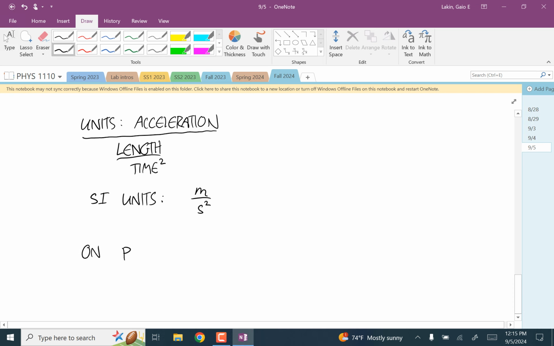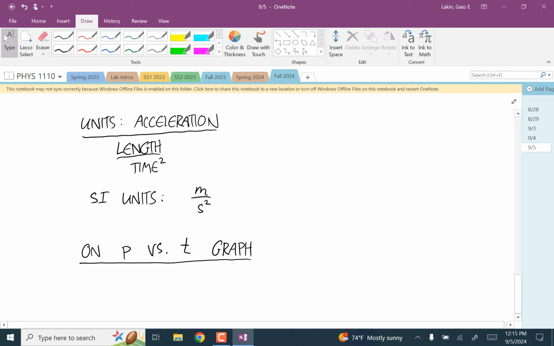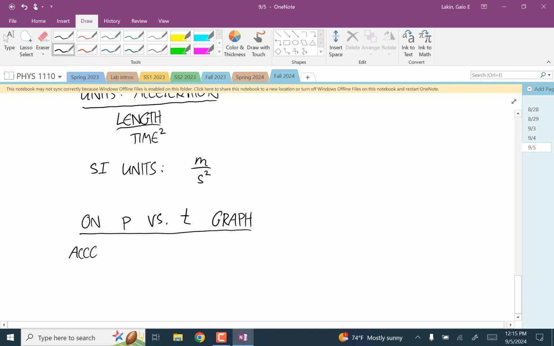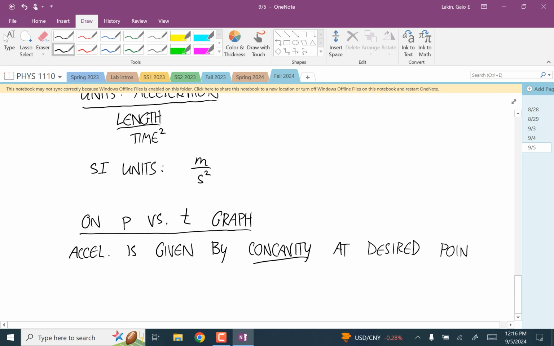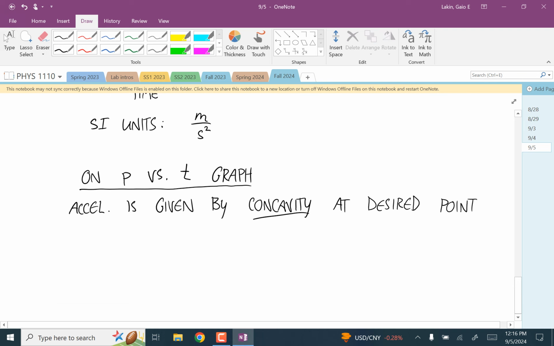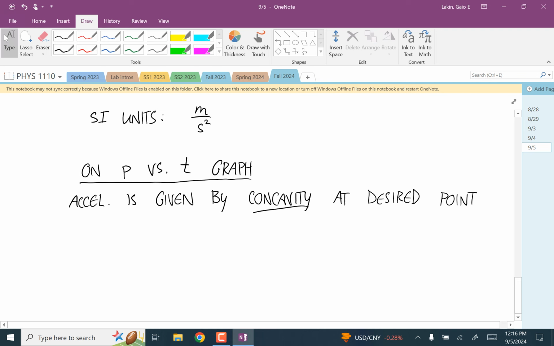So we're going to do the same thing with acceleration on a position versus time graph. The acceleration is given by the concavity at the desired point. Another way to say this is the curvature.